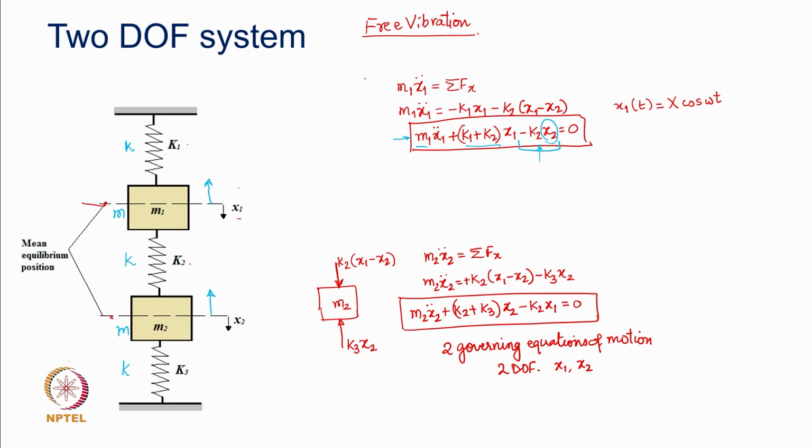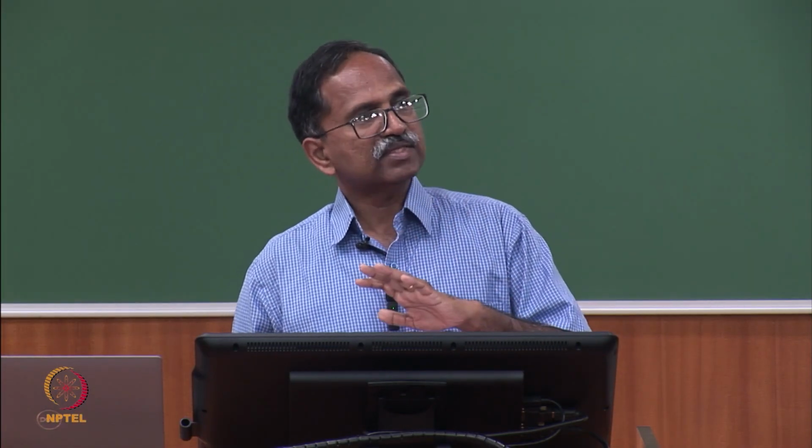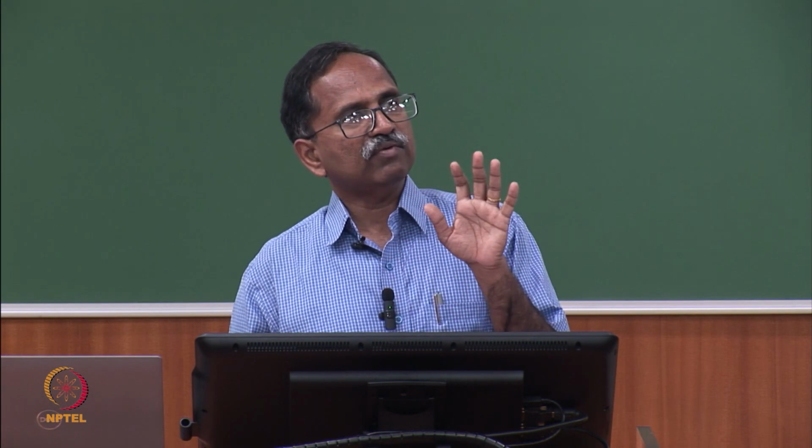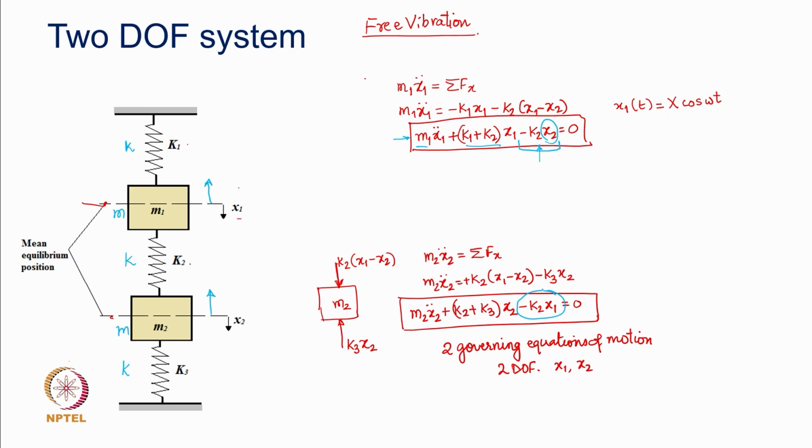So, the equation is not independent only in x, it has a term that is coming from the second mass x2, which means that you cannot have independent x1 motion happening. The moment there is x1, there would be x2, and whenever there is x2 there will be x1. Same thing is happening here. See this term of the equation, the two equations are coupled. So, they are not independent in x1 and x2, okay.